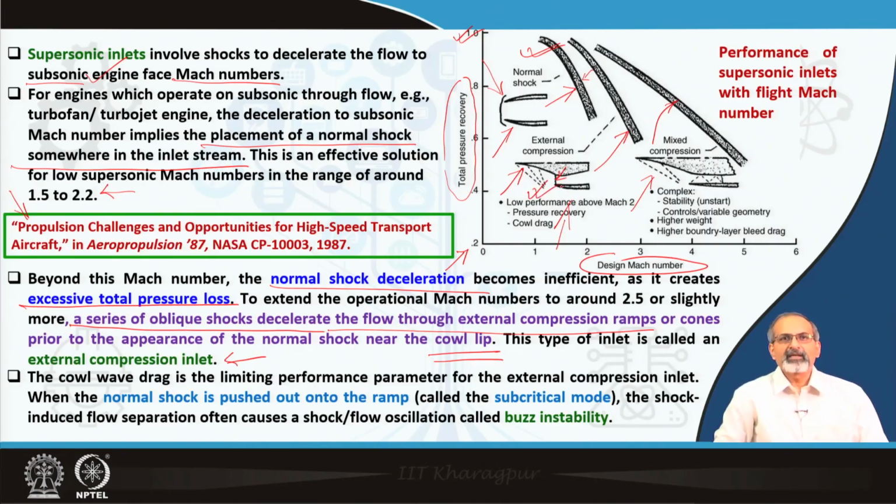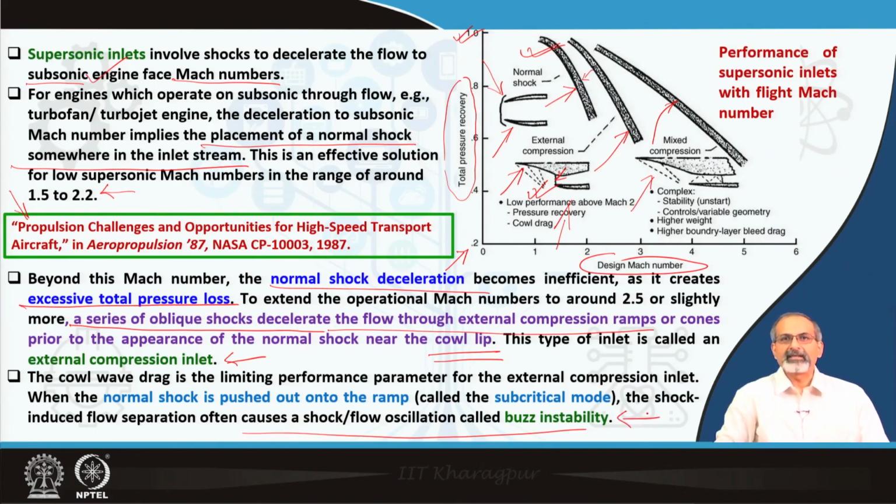The cowl wave drag is the limiting performance parameter for the external compression inlet, and when the normal shock is pushed out into the ramp, which is called the subcritical mode, the shock induced flow separation causes a shock flow oscillation, which is called buzz instability. So, in case that kind of situation arises where it is pushed out into the ramp, there is a possibility of buzz instability.